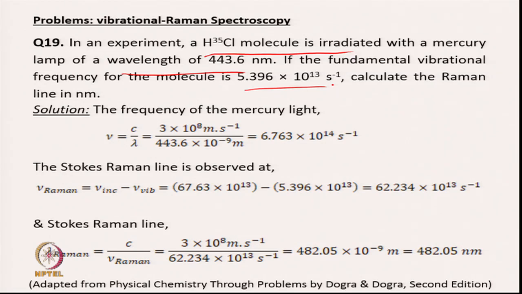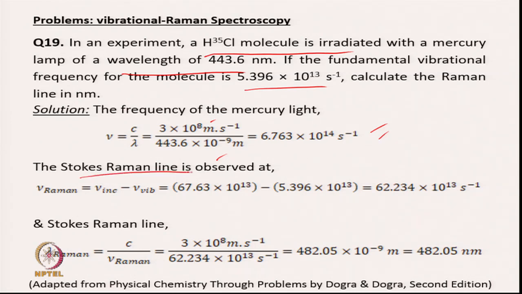The frequency of mercury light can be calculated using the formula nu is equal to c by lambda. c again we have taken in meter per second, and you can express lambda in meter, and then we can get frequency in second inverse.